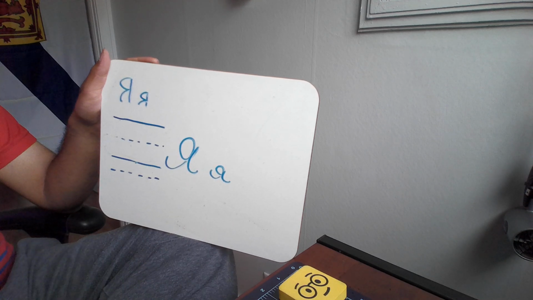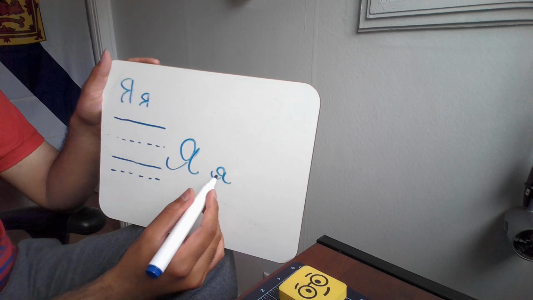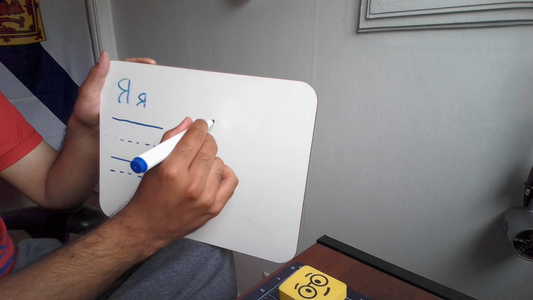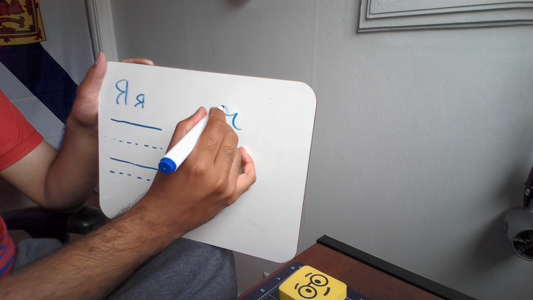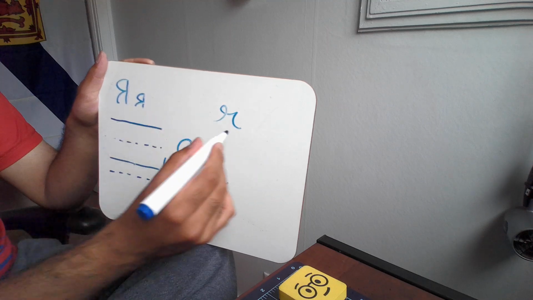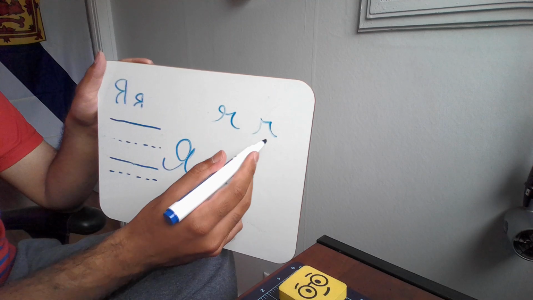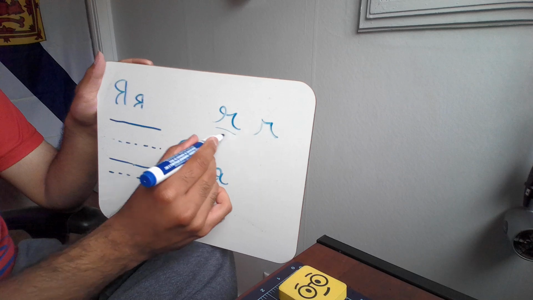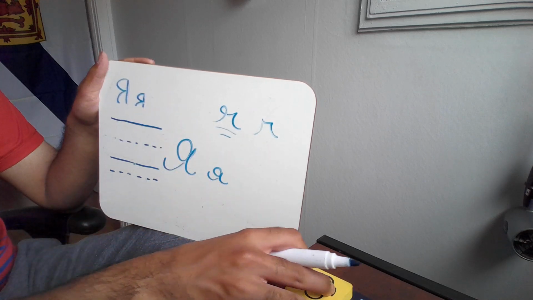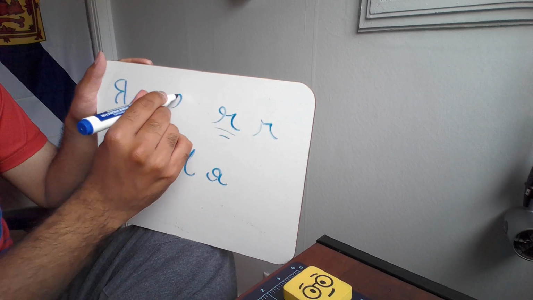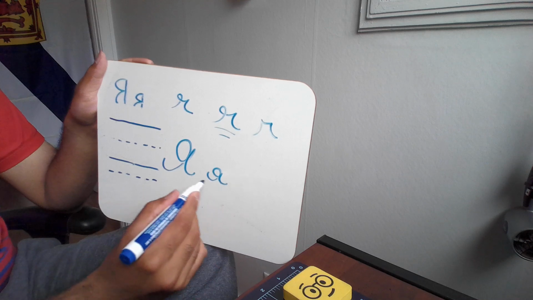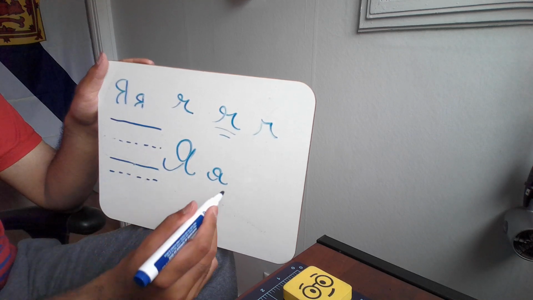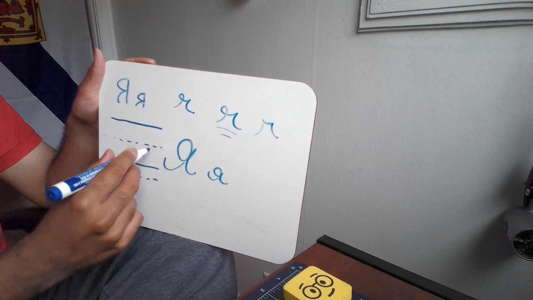Now, for those of you that have learned English cursive, you may have learned the lowercase r in English to look like this. Not everybody puts the loop in there. Some people, they'll write the lowercase r like that. But I learned it like this, so some of you might have learned it like this as well. I think the reason the English lowercase r looks like this is I think it's been taken from the backwards R that exists in Russian.